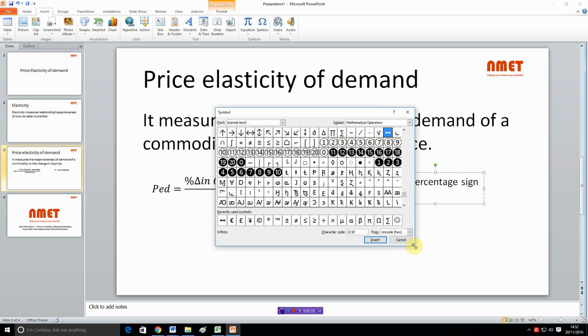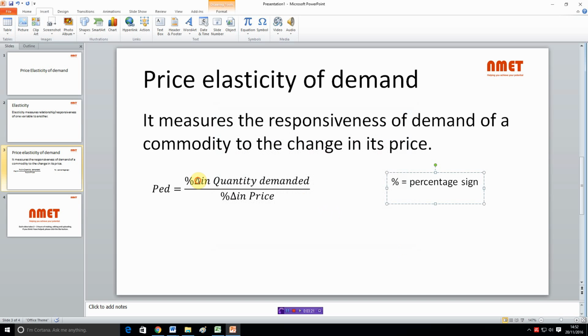You'll need to remember that the PED for most normal goods will always be negative.